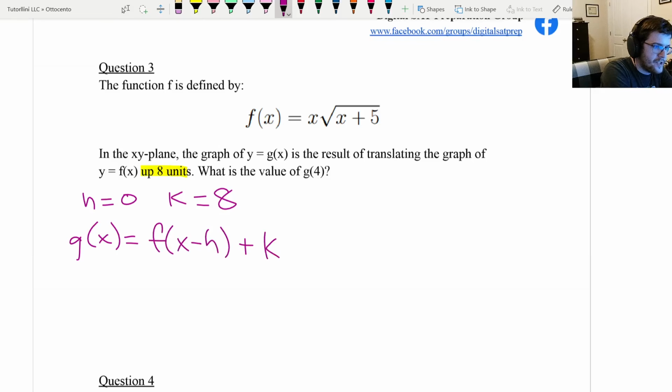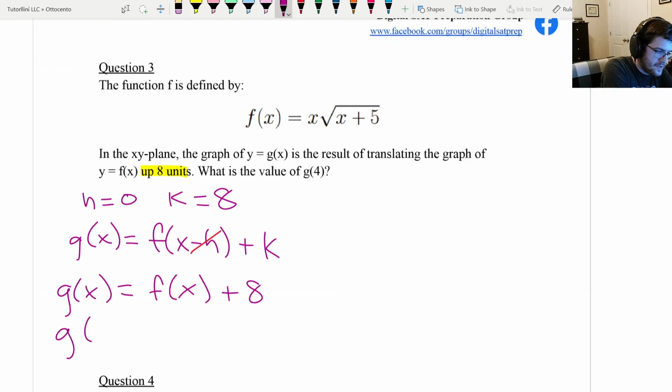We don't need to worry about h because there's no horizontal shift. So g of x equals f of x plus 8. So g of x is equal to whatever that f of x is, x root x plus 5, and then that whole thing plus 8.